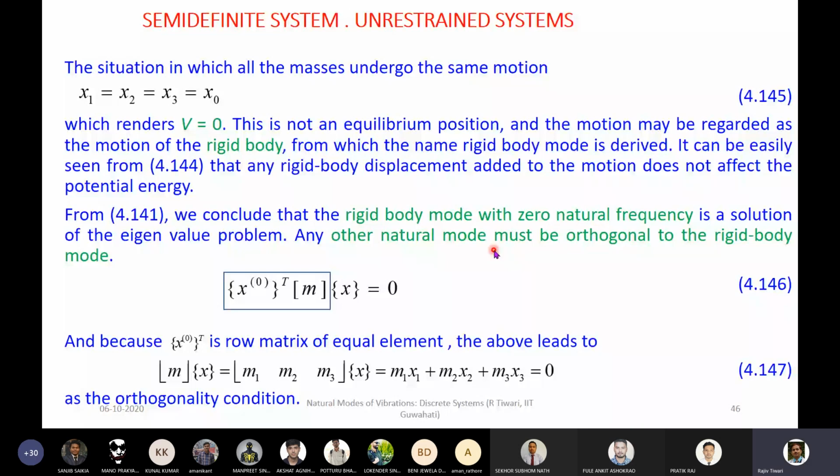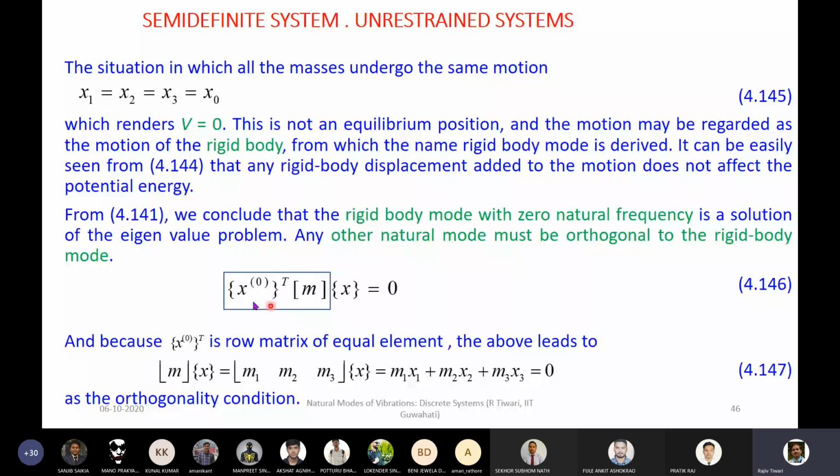This particular x0, which we are talking about, is the rigid body mode, and this is the orthogonality condition we are writing. If this is a different mode, and this is the rigid body mode, then according to the orthogonality condition, because they are different modes, this should be equal to 0.